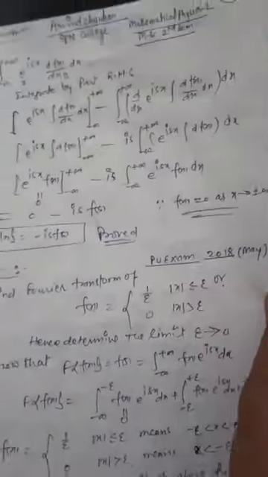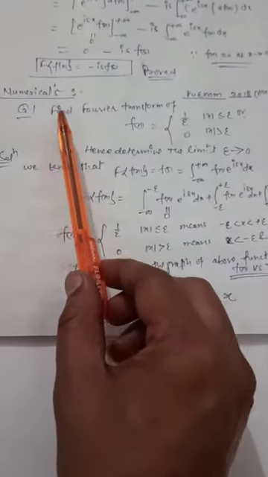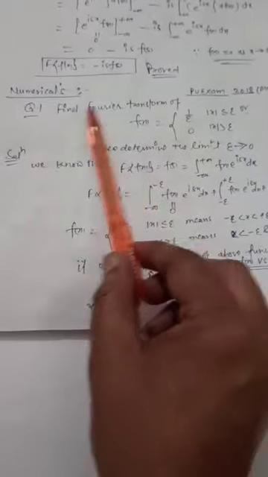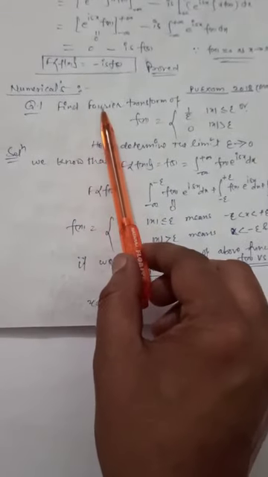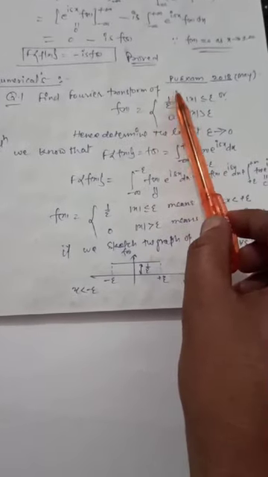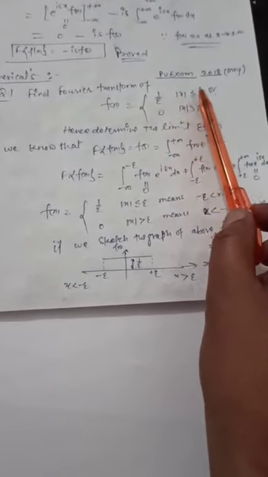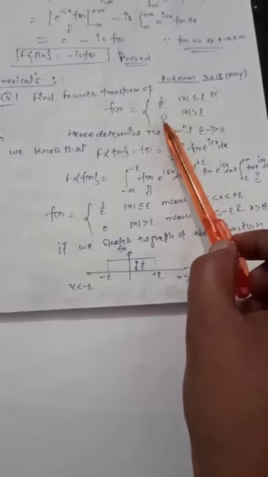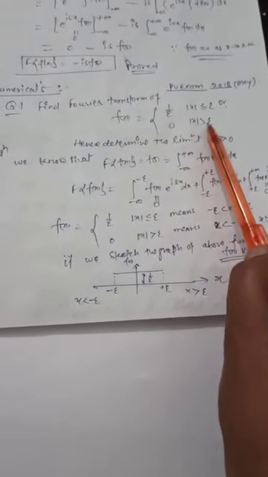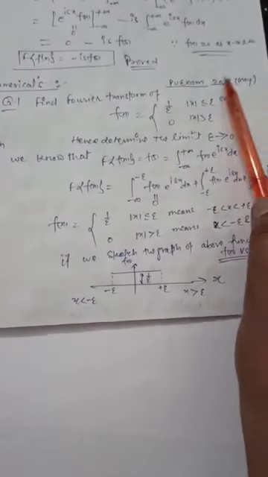Okay, now next some numericals. One numerical: find the Fourier transform of f of x, the function 1 upon epsilon for mod of x less than or equal to epsilon, and 0 for mod of x greater than or equal to epsilon.